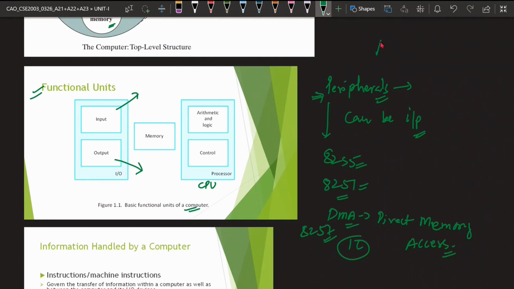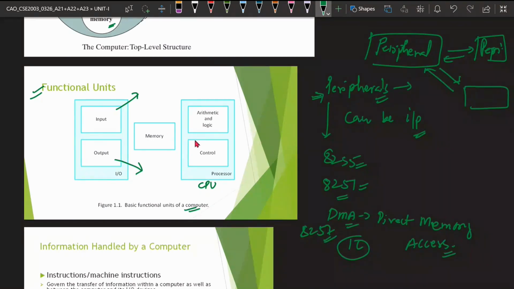Suppose we want to have a memory transfer between two peripherals, or between peripherals and a particular external memory. What happens? Direct memory access is an external device.